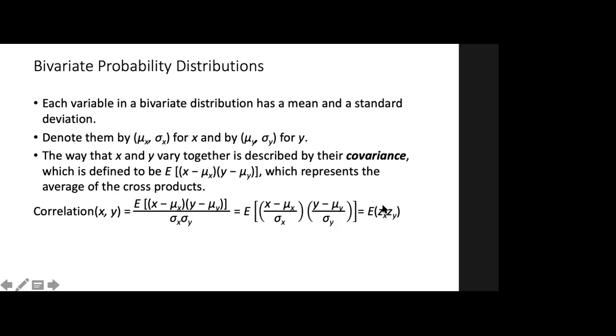If we do a z transformation, then the standard deviation of the variables is one. So if we have standardized variables, our correlation formula can be simplified to this format here: the expected value of the product of the two values, which is basically the average product of our two values. That is for standardized variables.